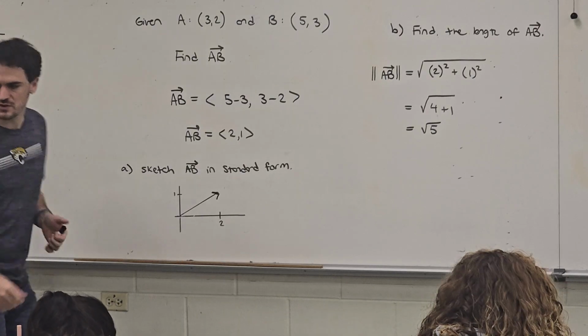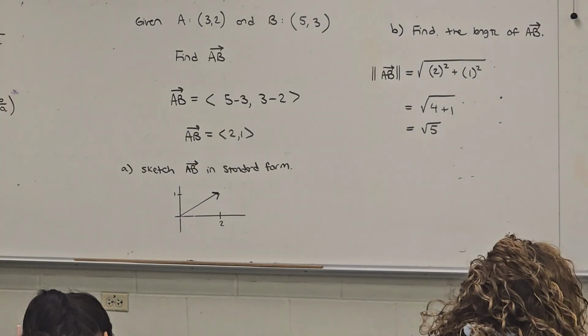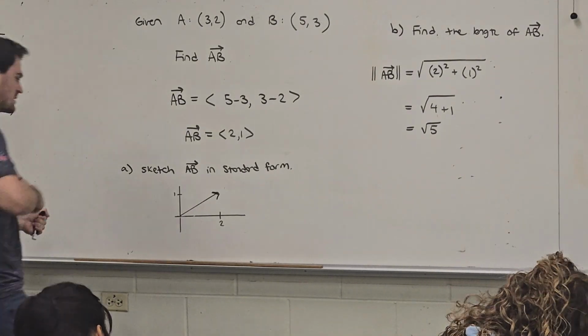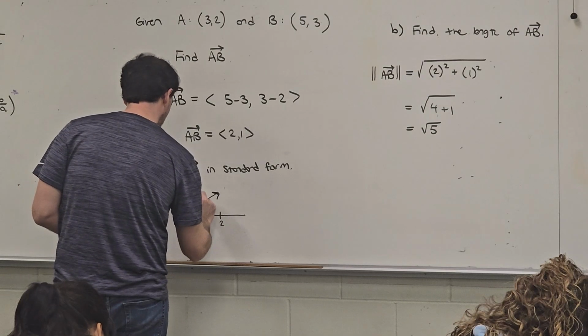So I get that the length of the vector, if you wanted to annotate on your picture over here, means that this vector has a magnitude or a length.